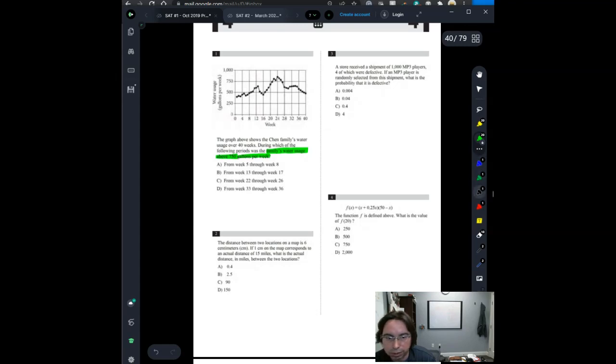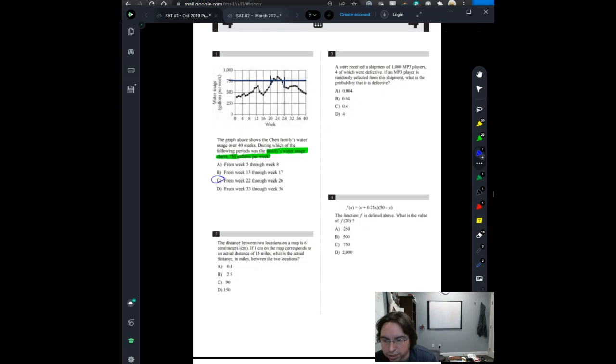We can see 750 is right there, so that's weeks between about 20 and 28. Comfortably, that is answer choice C.